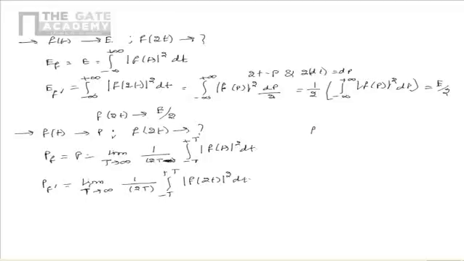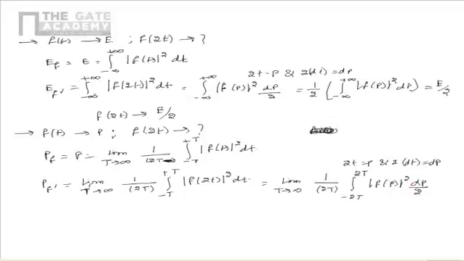Now upon substituting 2t is equal to p, we know that 2 times dt is equal to dp. So this can be written as limit T tends to infinity 1 by 2T integral from minus 2T to plus 2T mod of f of p whole square dp divided by 2.